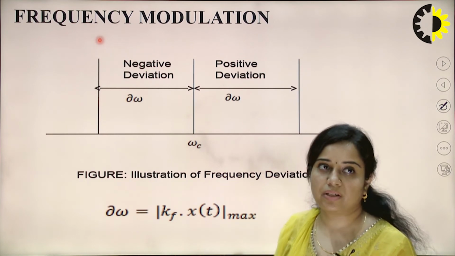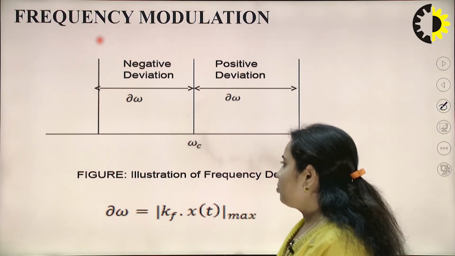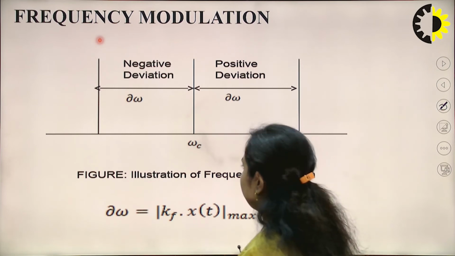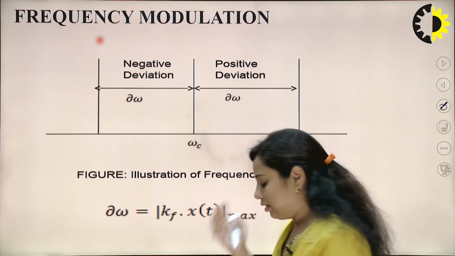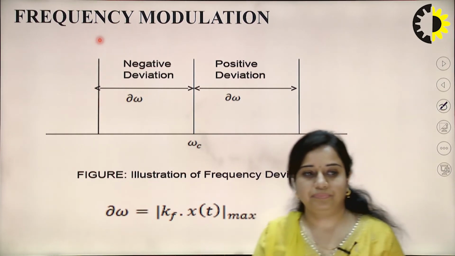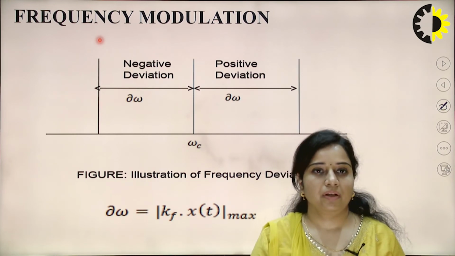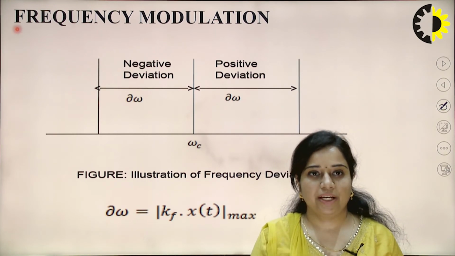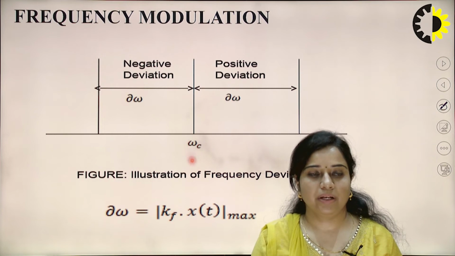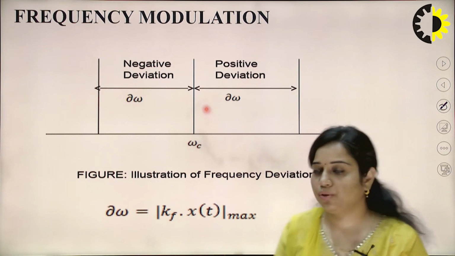Now next one is frequency modulation. What is frequency modulation basically? In case of FM, we have to change the carrier frequency omega_c depending on the amplitude of the message signal.